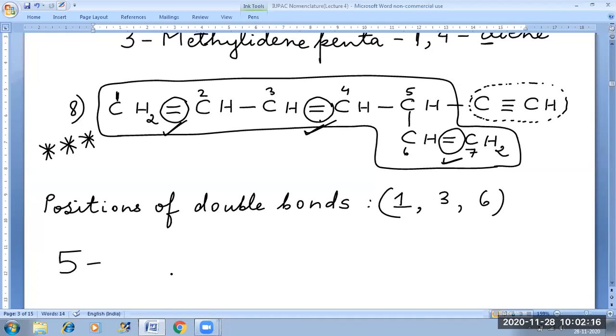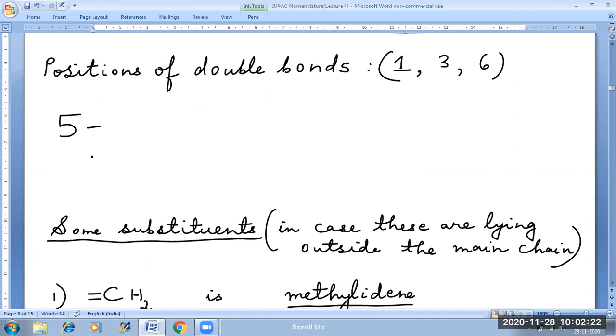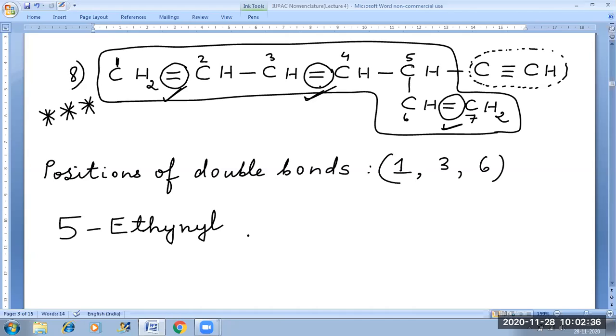So the substituent is ethynyl. 5-ethynyl, hept because 7, 1, 3, 6. There are 3 double bonds, so it's triene, hepta. So this is the correct name of the compound.